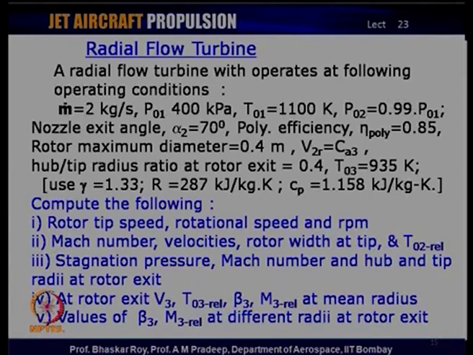The radial flow entry into the rotor is prescribed, and that is allowed to be assumed to be equal to the exit of the rotor, which is C A through, and it is supposed to be axial. So, the axial velocity at the exit is to be taken as equal to the radial velocity, relative radial velocity at the entry to the rotor.